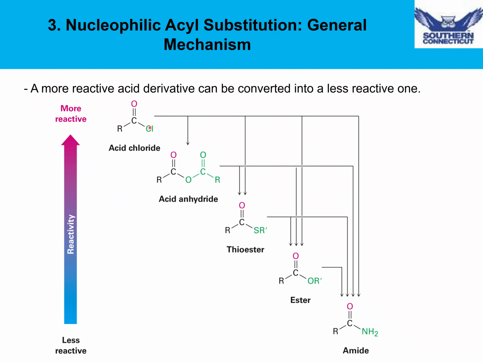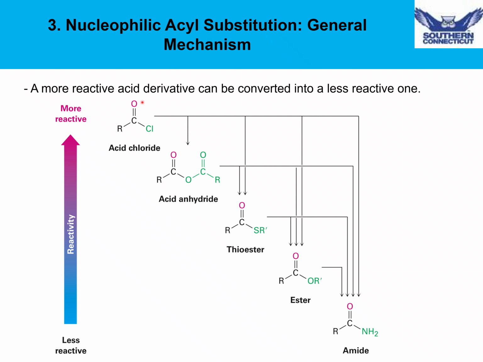The acid derivatives can be interchanged from one acid derivative to another fairly easily. It is even easier when you start off with a more reactive acid derivative, and converting it to a less reactive one is a lot easier to do.